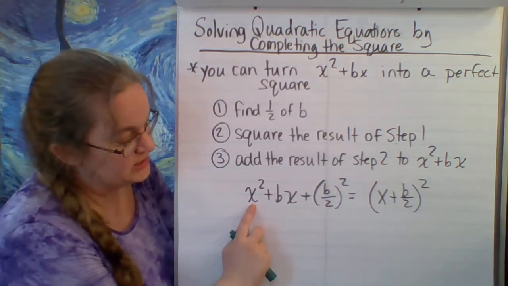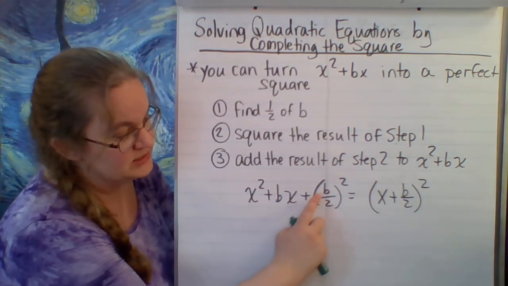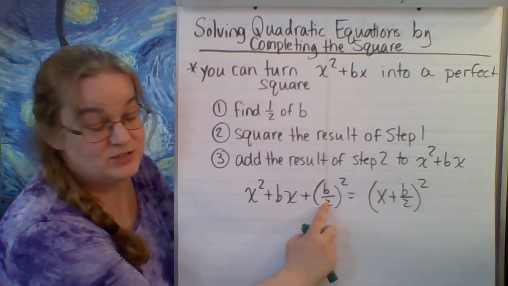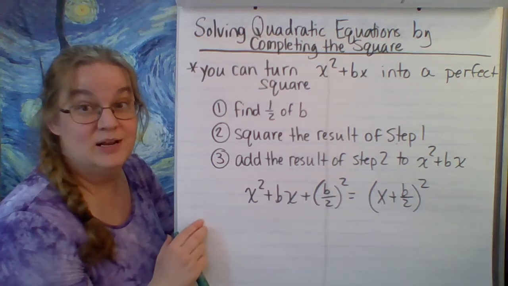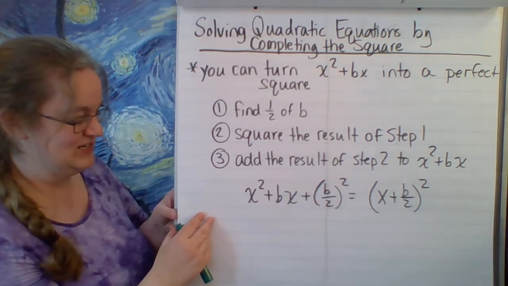So in other words, x squared plus bx plus (b divided by 2) squared gives me that perfect square that I'm looking for. Okay, so let's take a look at some examples.